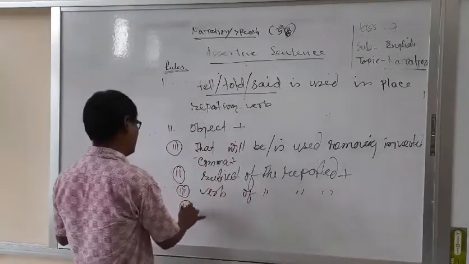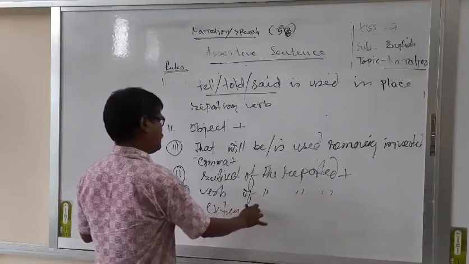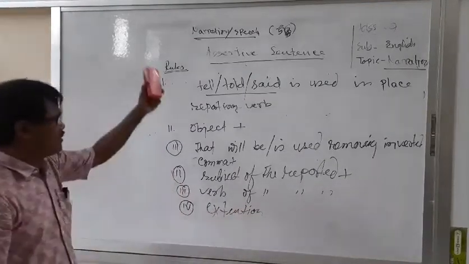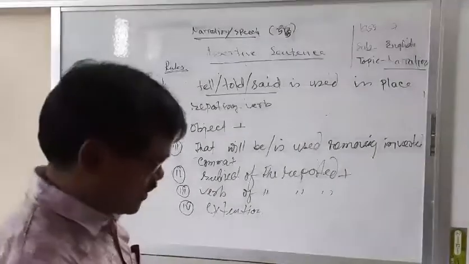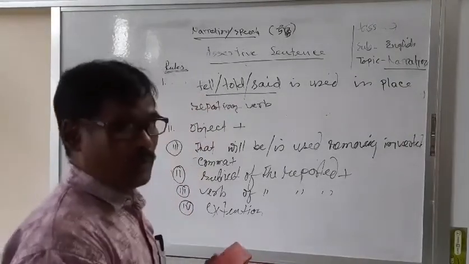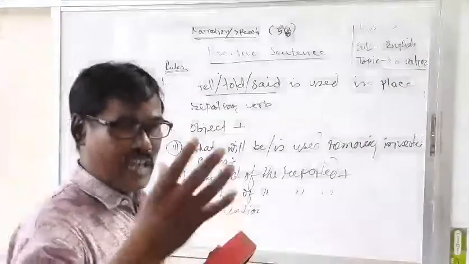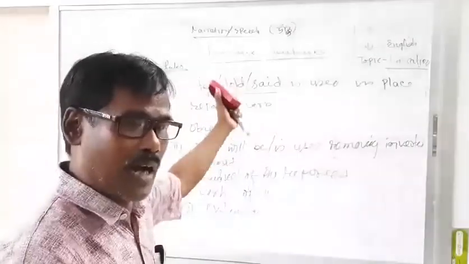Extension. This is the structure of indirect narration of an assertive sentence, but according to tense, the expressed nearness will be changed according to tense, if the reporting verb is past.